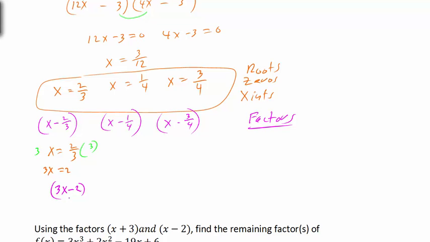And that's a better way of writing this. And we could do the same thing with the 1/4, multiply by 4, and that's going to give you 4x, and subtract the 1, so that's a 4x minus 1. And then with the 3/4, we could do the same thing, multiply by 4, we get 4x, and subtract the 3, and here we would have our factors.